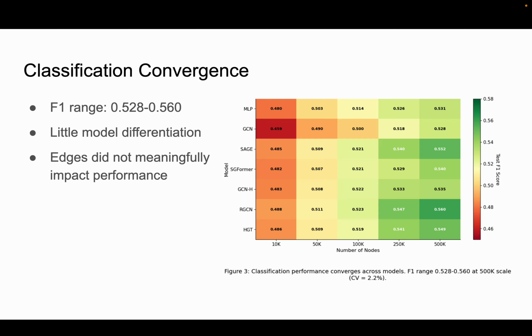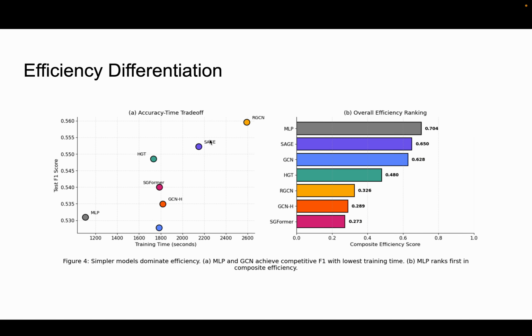F1 score. However, as a result of this performance ceiling, we can use model efficiency to act as a meaningful differentiator. We can see that minor classification performance gains in the real world may not be worth the expense of, for example, doubled training time in terms of RGCN versus the multi-layer perceptron.